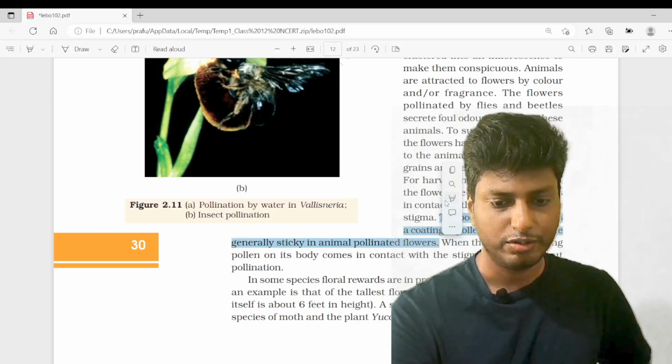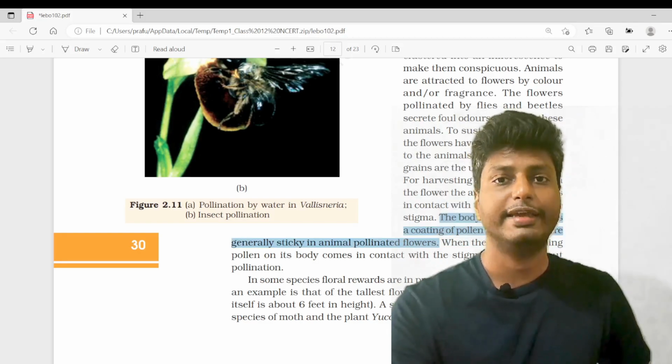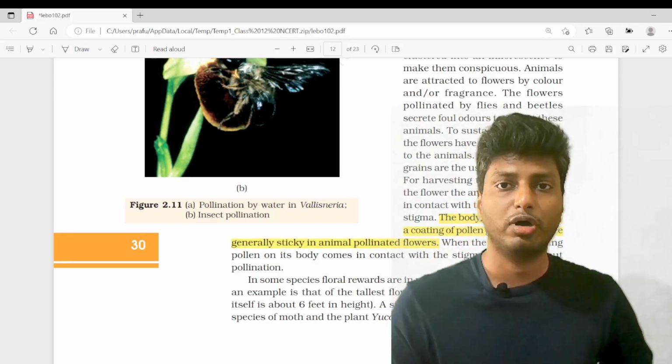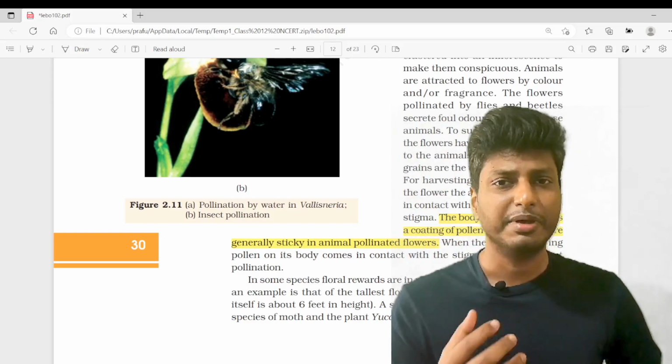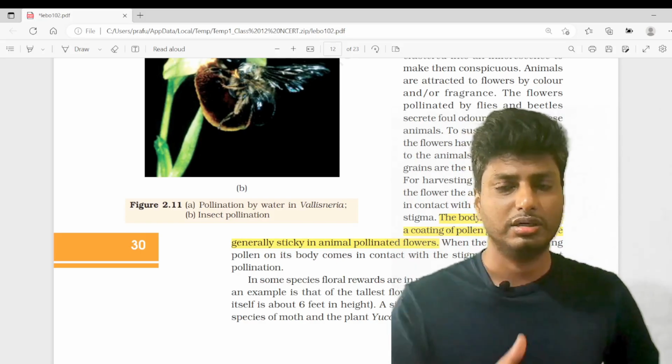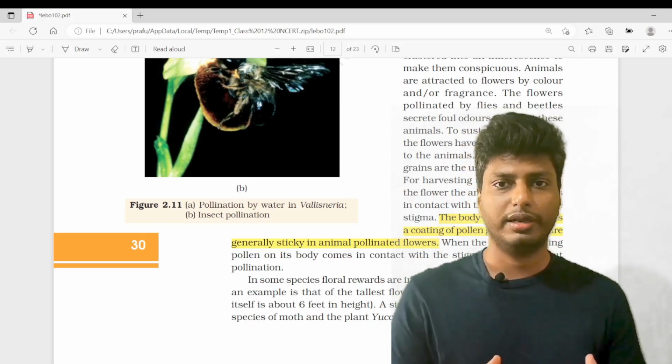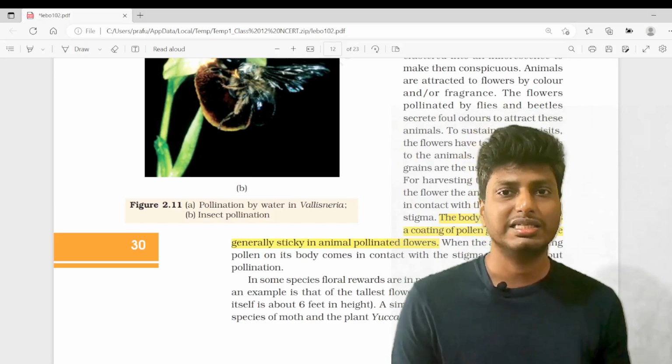I can highlight over here that in the case of insect pollinated plants, the pollen grains have a sticky coating. They secrete some chemical because of which the outer coating of the pollen grain is sticky in nature. And why is it sticky, guys?